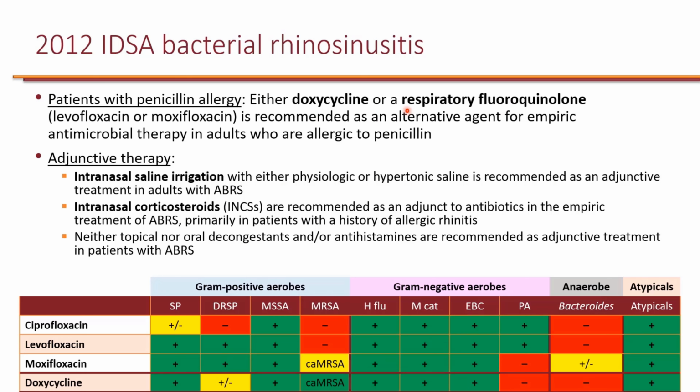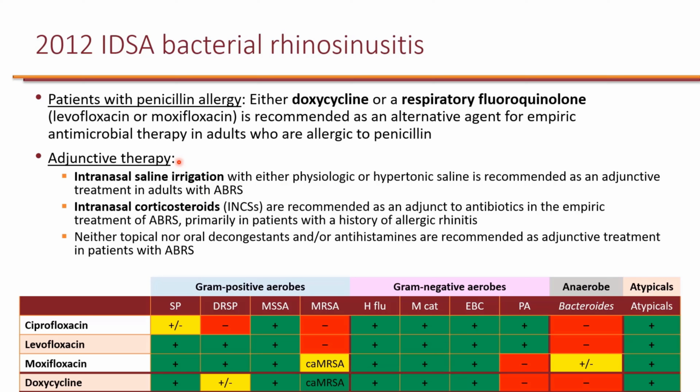You might choose a fluoroquinolone over doxycycline because doxycycline doesn't work well against drug-resistant strep pneumo. But if the patient doesn't have risk factors for drug-resistant strep pneumo, then they can totally use doxycycline because it will have good activity.